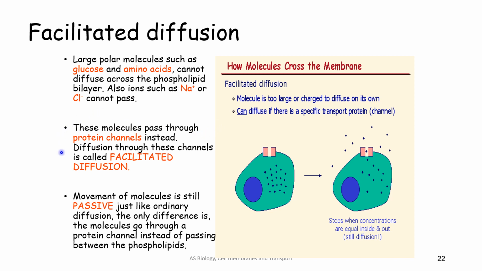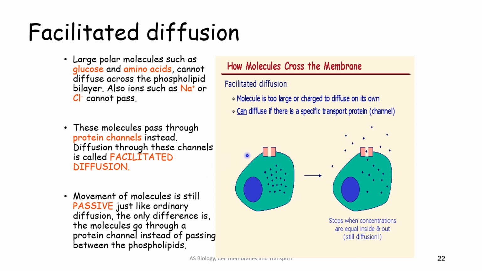They have to use facilitated diffusion to get across the phospholipid bilayer or to get into the cell. So how they do this is they have to pass through a protein channel. Remember when we were looking at that slide with that fluid mosaic model on it? That model had those protein channels in it, and those protein channels are what is facilitating this diffusion. So they're helping these molecules to diffuse.